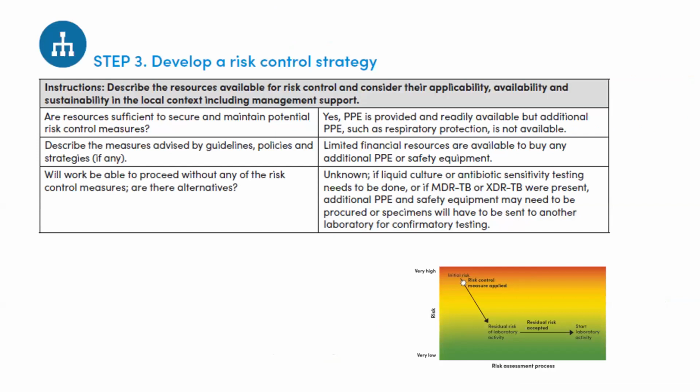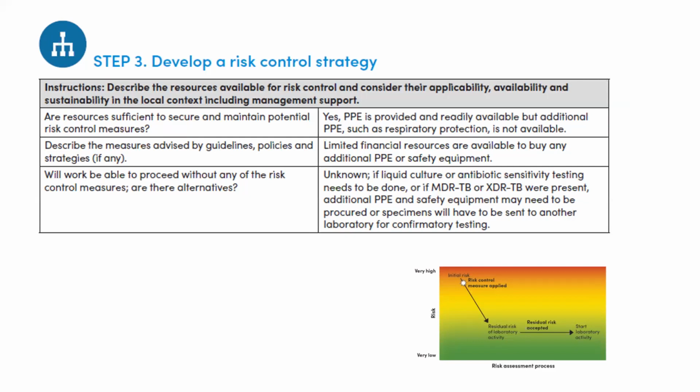This is about resources, if you remember. Describe the resources available and consider their applicability, availability, and sustainability. So the question, are they sufficient? Yes. PPE to maintain potential risk control measures. Yes. PPE is provided and available, but no additional PPE is available. Describe measures advised by guidelines.